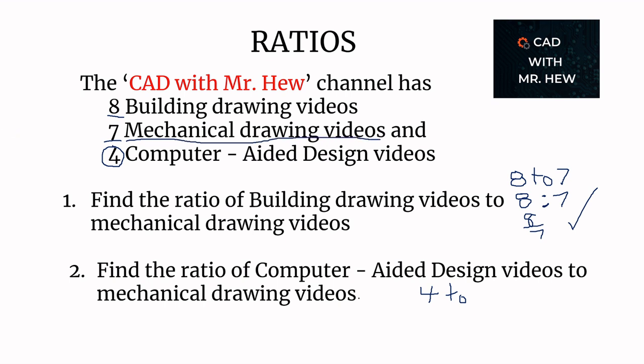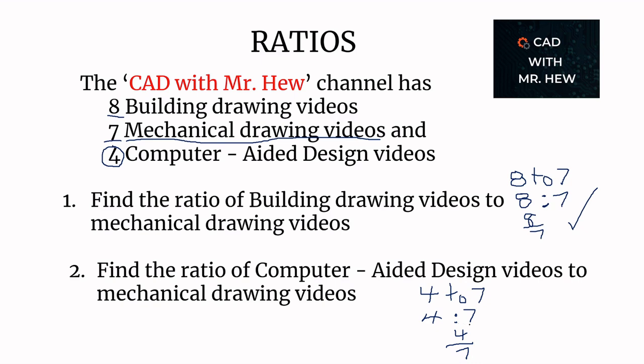We have 7. So 4 to 7. Again, we can write it with a colon, 4 colon 7, or 4 upon 7 as a ratio. The ratio of computer aided design videos to mechanical drawing videos will be 4 upon 7.